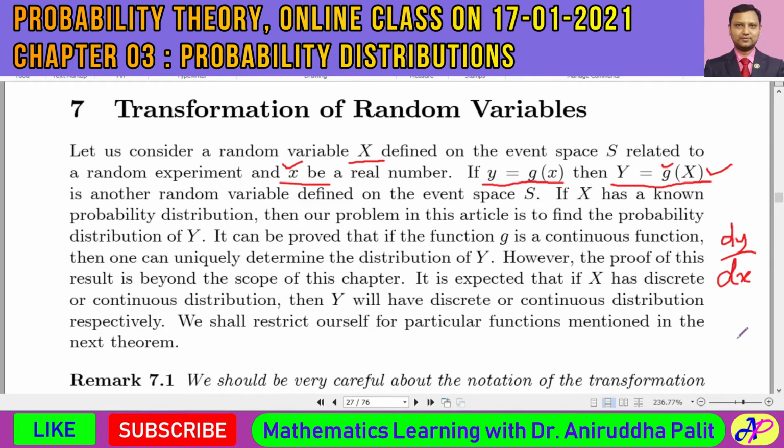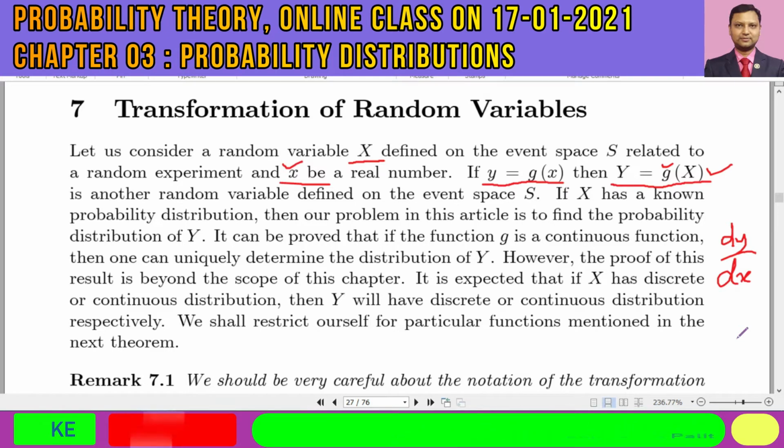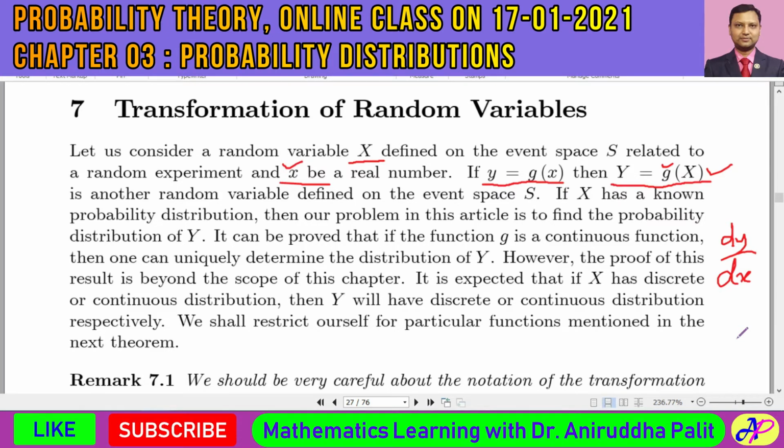For these two cases, we are going to find the technique by which we compute the probability distribution of the random variable Y.